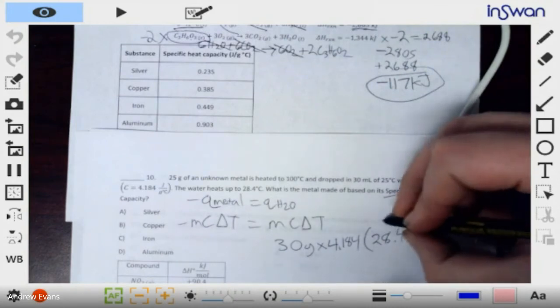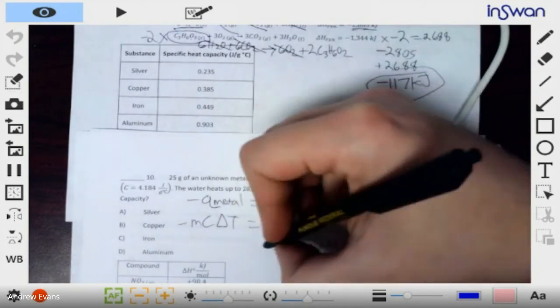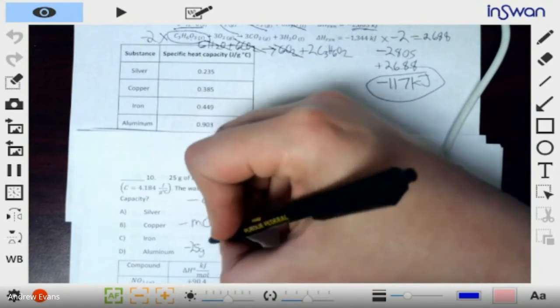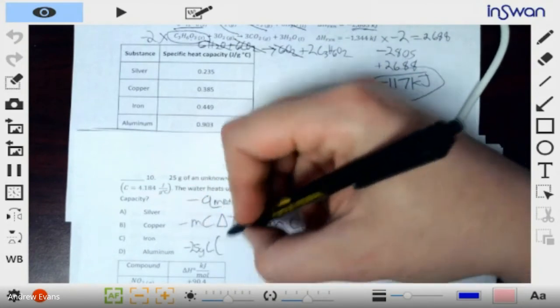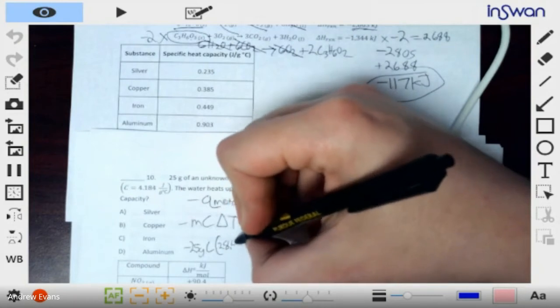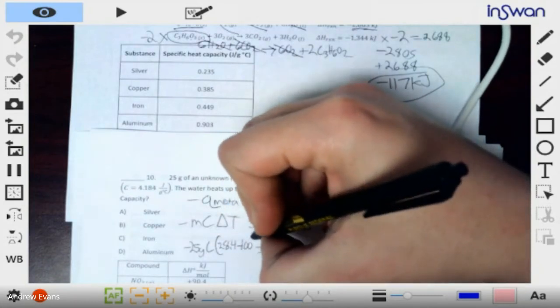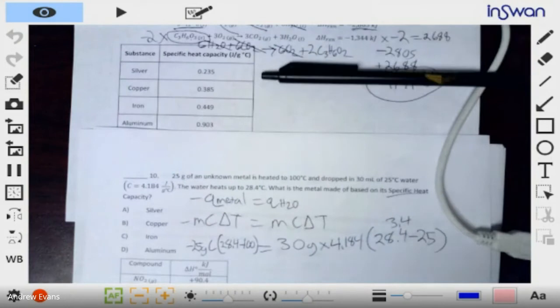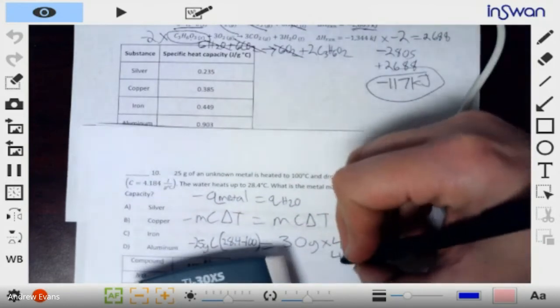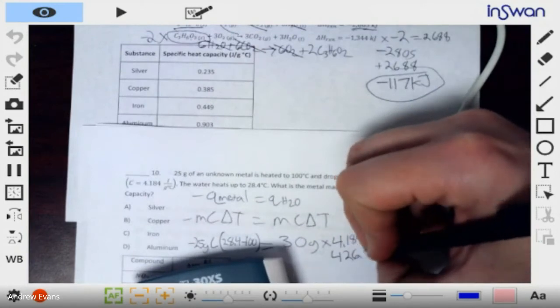So that's 3.4 degrees. The metal, we have 25 grams. We don't know the heat capacity of the metal, but we know it cooled down from 100 degrees to 28.4 because the water and the metal get to the same point. So on the right, 30 times 4.184 times 3.4 is, we'll say, 426.8.